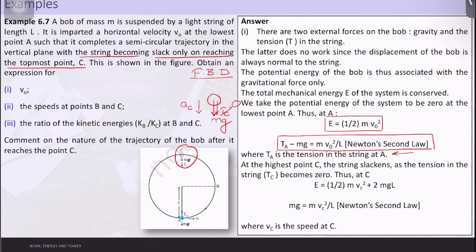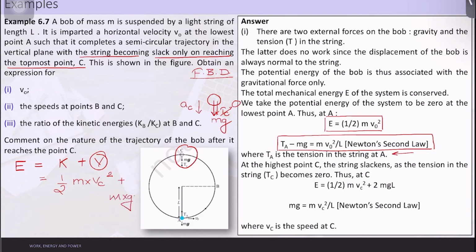First of all, calculating the value of total mechanical energy. What is total mechanical energy at this location? It's nothing but kinetic energy plus potential energy. What is kinetic energy here? It's half m into the velocity at this location, that is v_C squared. Plus there will be some potential energy also, due to gravitation.